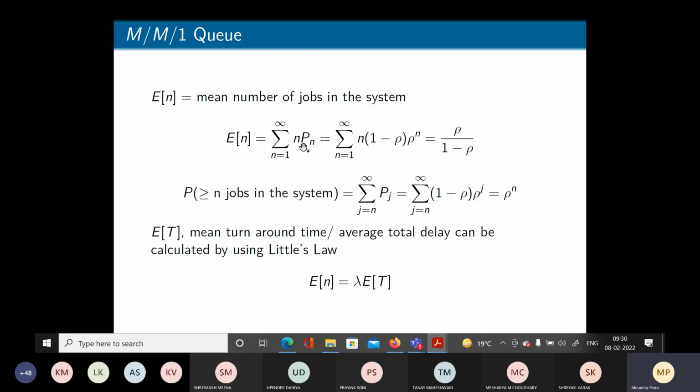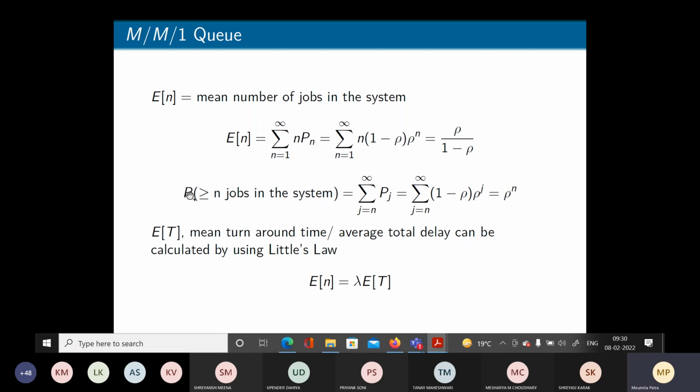We already know the value of Pn, so put that value here: (1 minus rho) times rho power n. Here n is already there and you have the summation, and this actually gives you rho by (1 minus rho). So if you see yesterday's analysis also, you will get E of n is equal to rho by (1 minus rho).